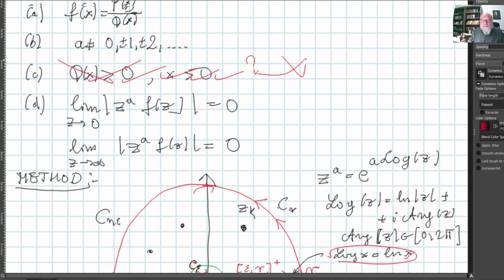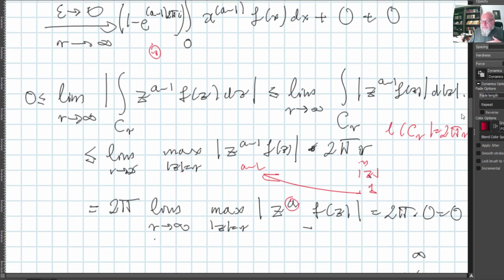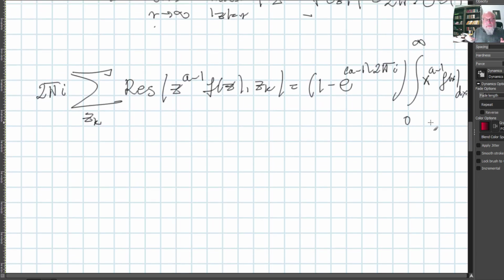We just need to say that we have no singularities on R plus. It could be negative, but let's say that's not really necessary, but it's easier to write it.